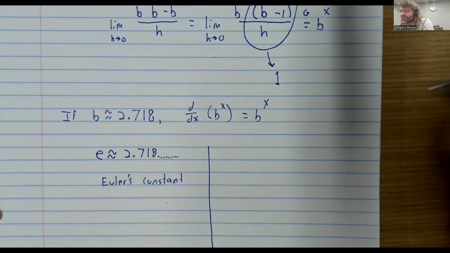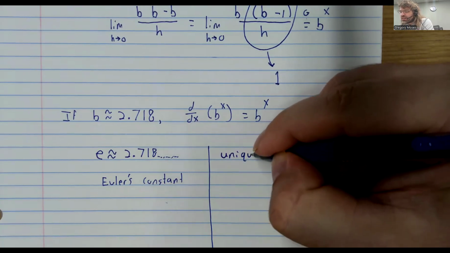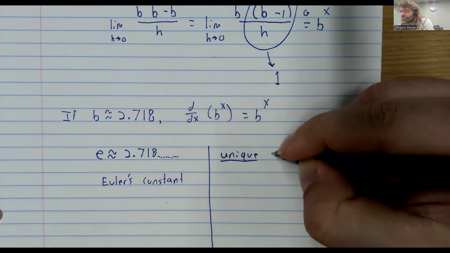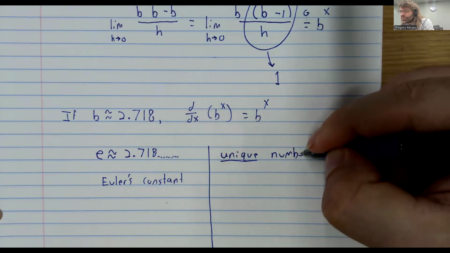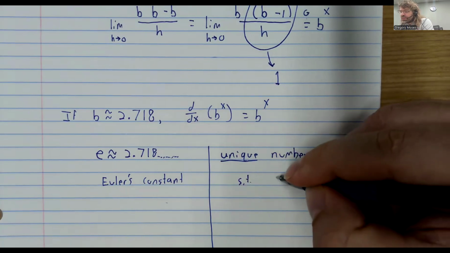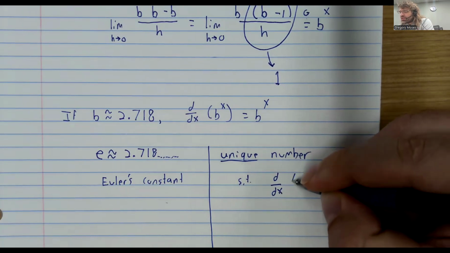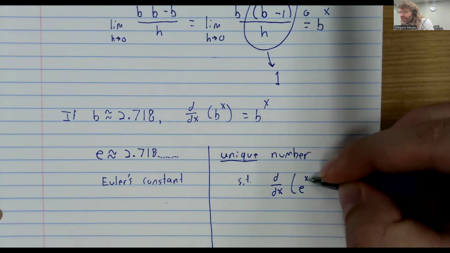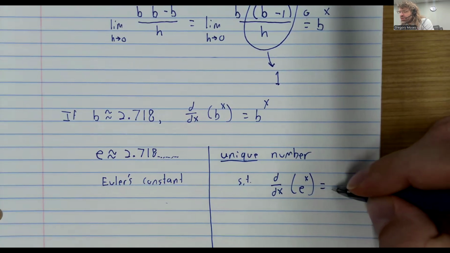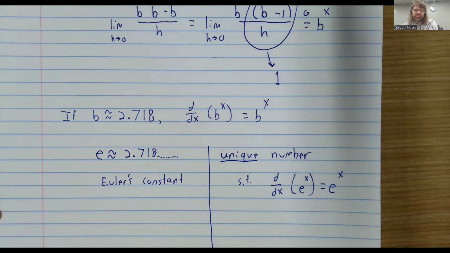And E is the unique number such that, I'm now kind of repeating myself, the derivative of e to the x equals e to the x.